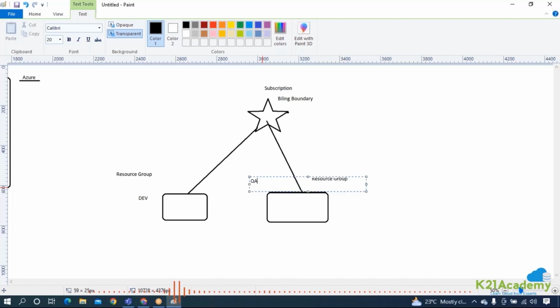It has nothing to do with any sort of integration of the resources. Resources in the same resource group can also be integrated. A resource group can also be integrated with another resource group. Even resources that are part of another subscription can be integrated as well. So the only thing we have to understand here is that it's a logical grouping.